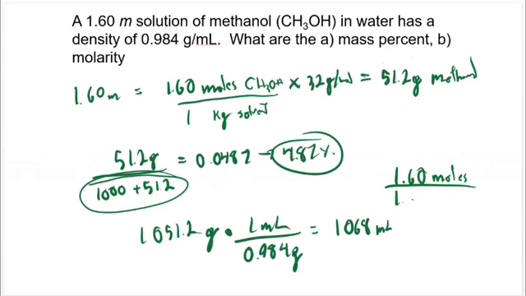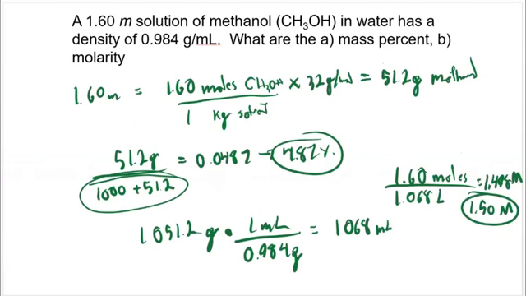In other words, 1.068 liters. So we can make this division of moles divided by liters, 1.6 divided by 1.068, and we get 1.498 molarity, so molar, and that can be rounded to about 1.50 from proper sig figs.